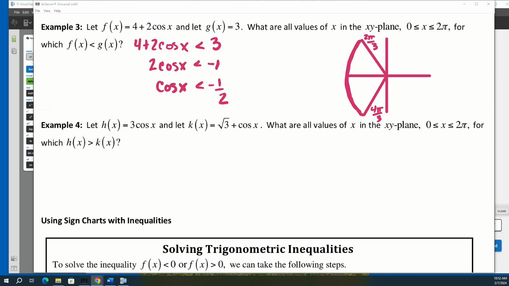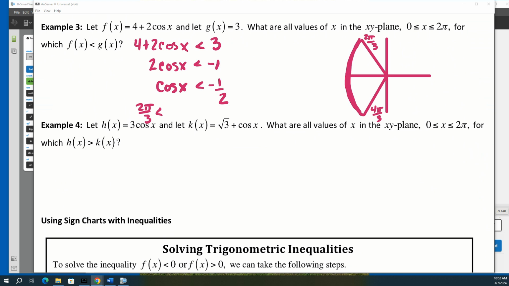All of these angles that fall in between 2 pi over 3 and 4 pi over 3. And so the smaller one is going to be 2 pi over 3. Because I don't have the or equal to bar in our problem, it's just going to be less than.